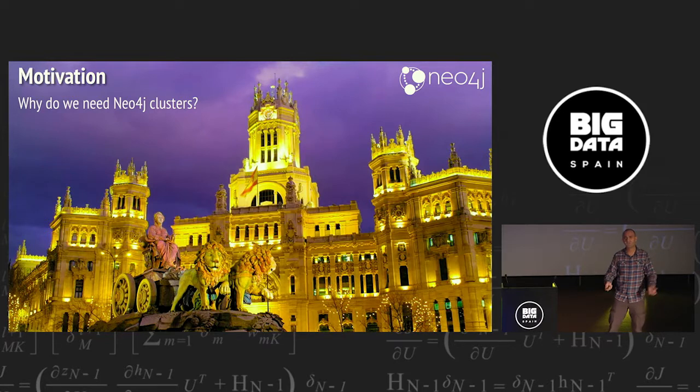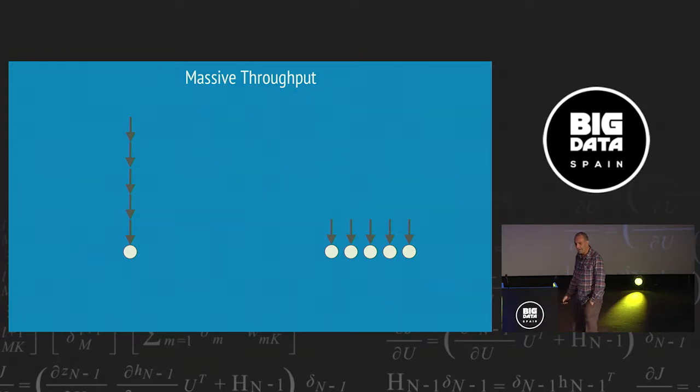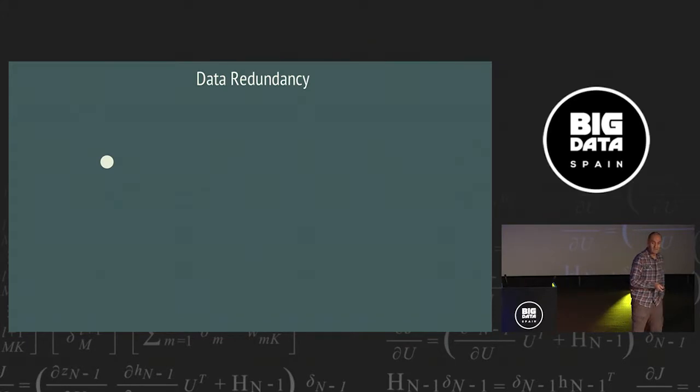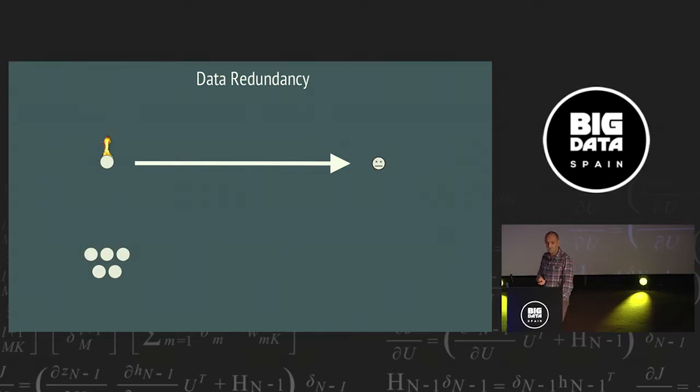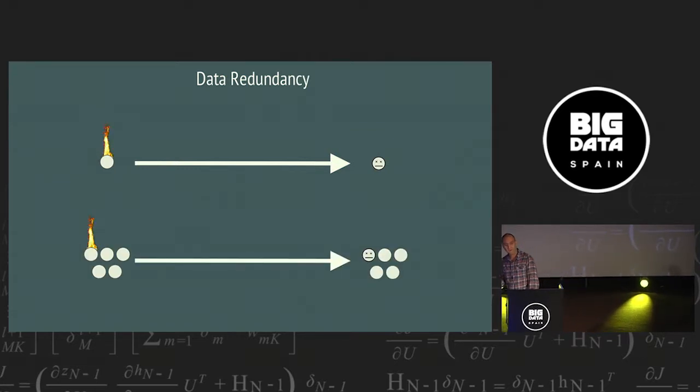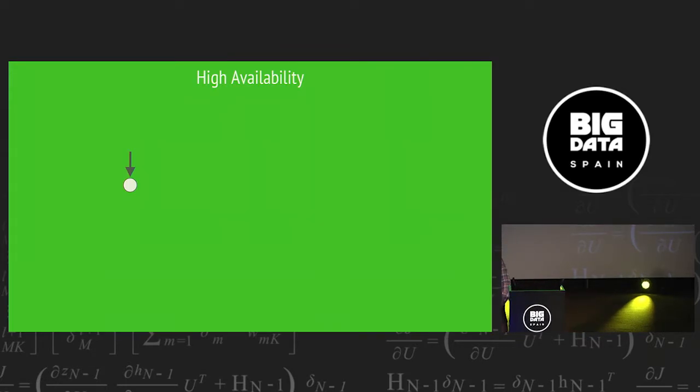We need to introduce redundancy. Why? So that we can have high throughput. One machine has to logically serialize requests; with many machines, you can parallelize requests. And for redundancy: if I've only got one copy of data and it's on fire, I lose service. If I've got multiple copies of data and one of them's on fire, I don't lose service.